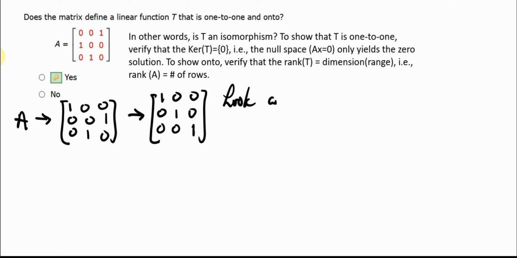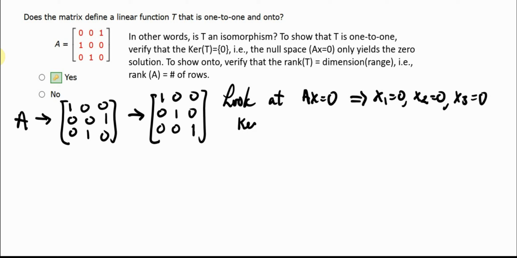But just working it out, look at AX equal to 0, and we just set this system here equal to 0. So that implies that x sub 1 is equal to 0, x sub 2 is 0, x sub 3 is 0. So we get the kernel of T is equal to (0, 0, 0).